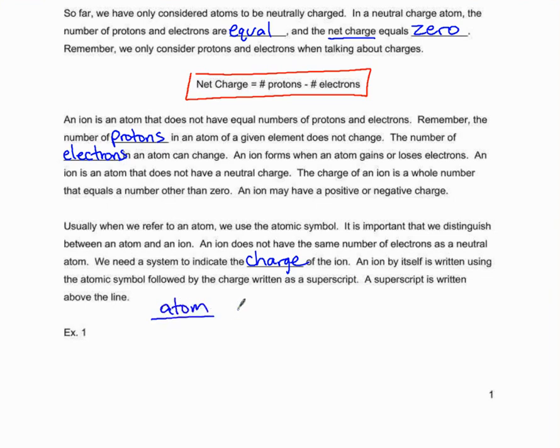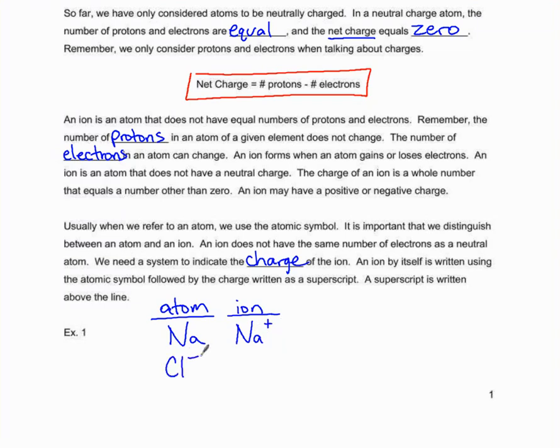So let's just look at a couple of them. We won't do very many. An atom, for instance, sodium. Its ion ends up being Na+. So what this means is that it has one more proton than electrons, which makes it a little bit positive.